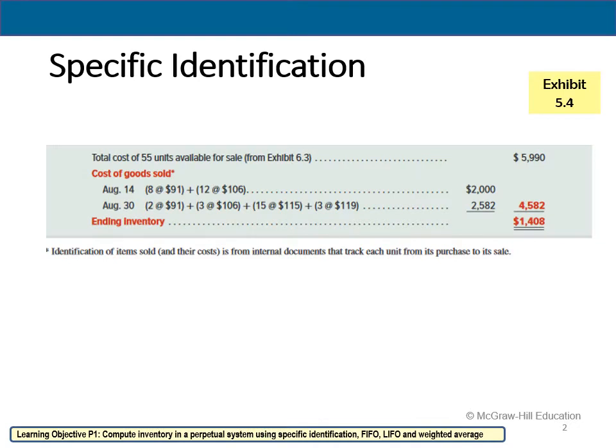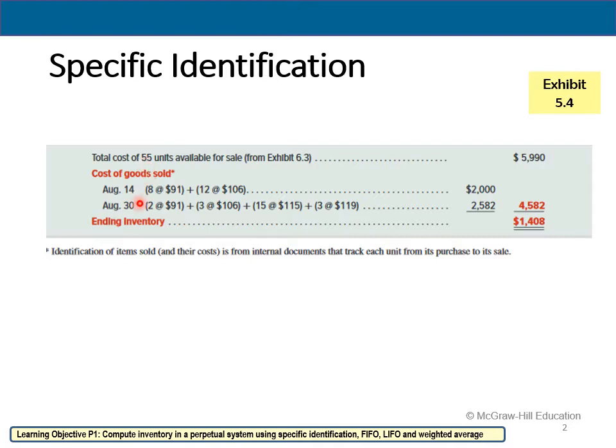The most basic method of inventory costing is called specific identification. Specific identification is when every single item in inventory has a distinct cost, and as those items are sold, we take that cost from the inventory account to cost of goods sold.